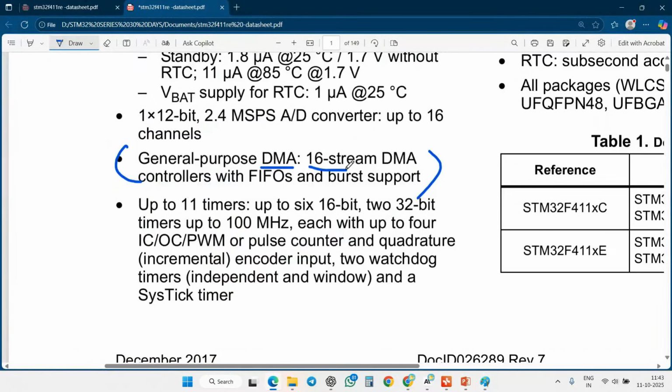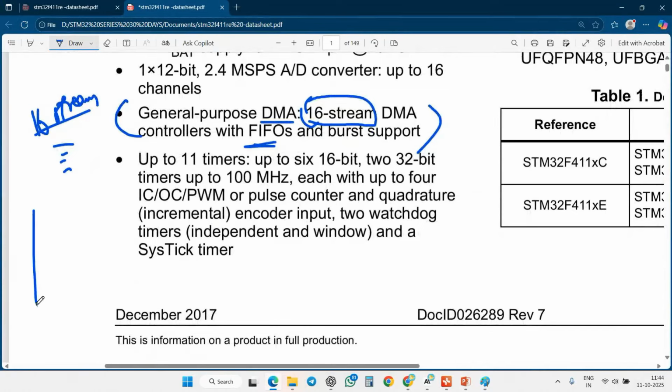And it has 16 streams of DMA. 16 streams means 16 ports, so you can get the data, and it works as FIFO, first in first out. Because whenever you transfer multiple data from one place to another, a burst can happen and the data might collapse.